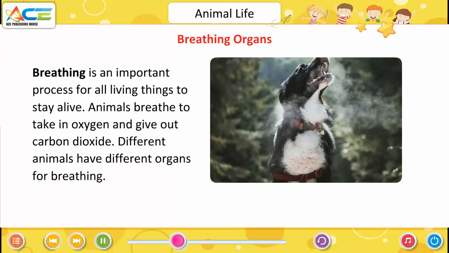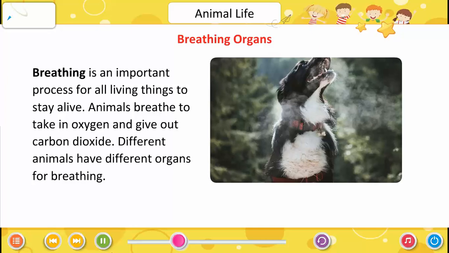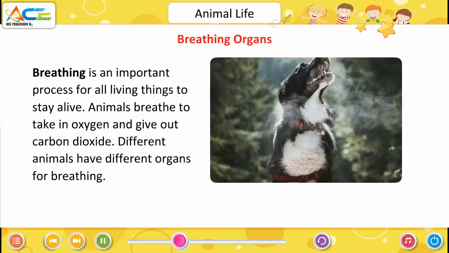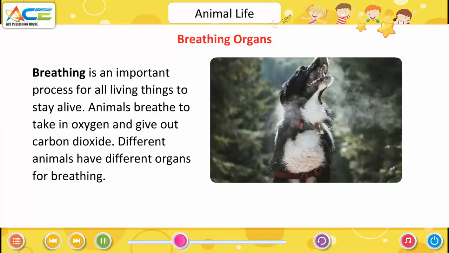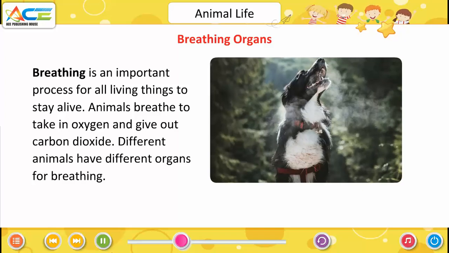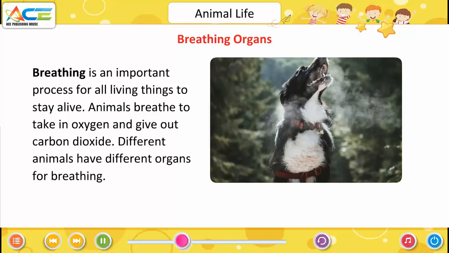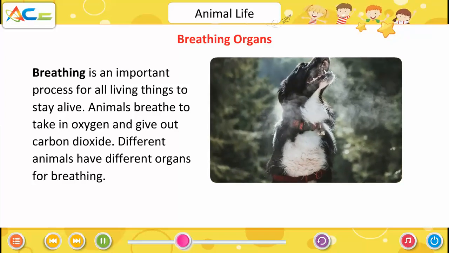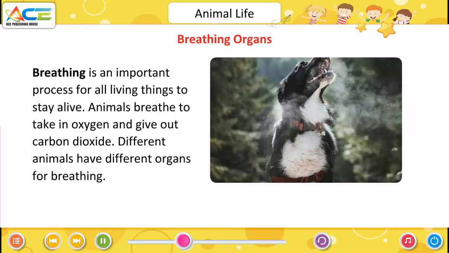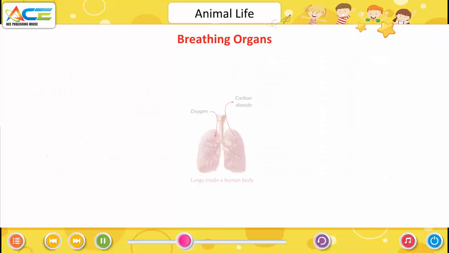Breathing organs. Breathing is an important process for all living things to stay alive. Animals breathe to take in oxygen and give out carbon dioxide. Different animals have different organs for breathing. Lungs.